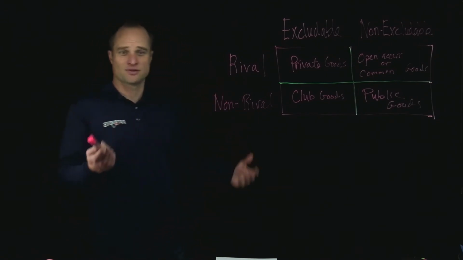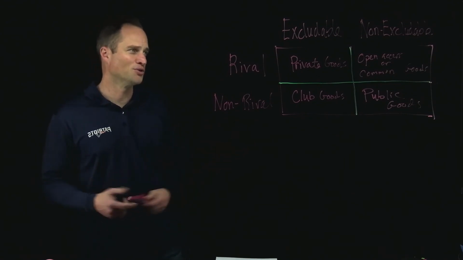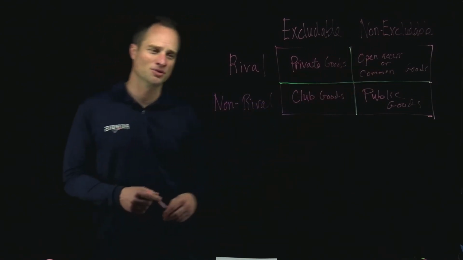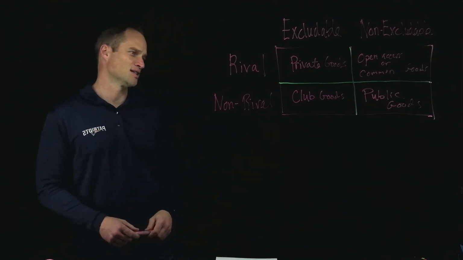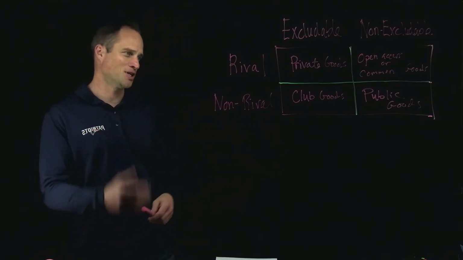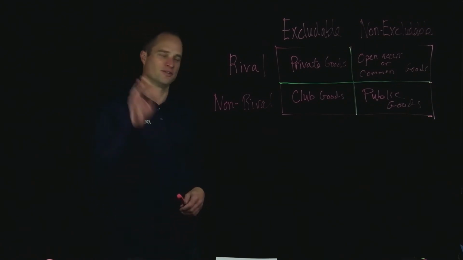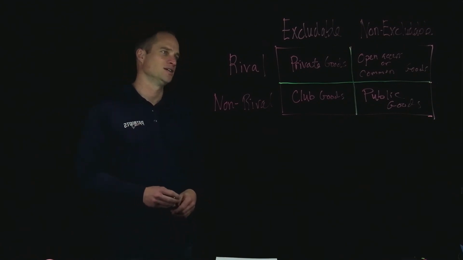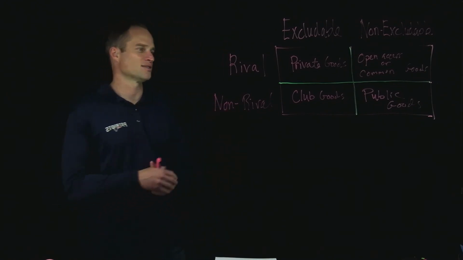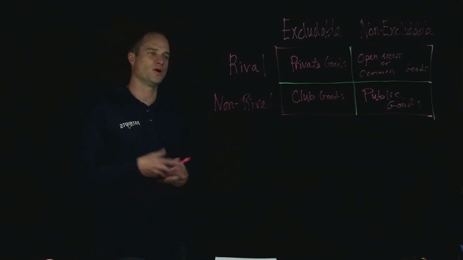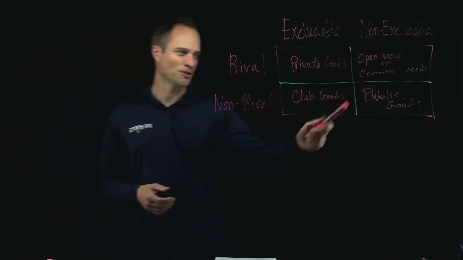Most internet services are like this, right? We're all using Google. We're not excluded from using Google. So it's free to use Google, and it's non-rival in the sense that my use of Google isn't diminishing the Google available for others or the quality for others. National defense, lighthouses, stuff like this, roads, a lot of things in education we have as public goods.